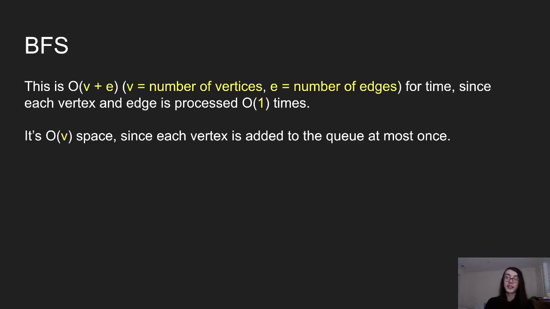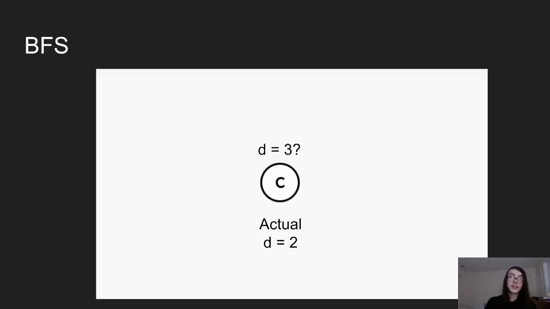And there's one other thing that's worth mentioning. Is this algorithm actually correct? Are the shortest distances really going to be correct? When we visit a node at distance 3, for example, can we be completely sure that it's not actually distance 2? And the answer is yes. Let me prove why. Imagine we get a distance wrong. Let's say we say the distance for C is 3 when it's actually 2.